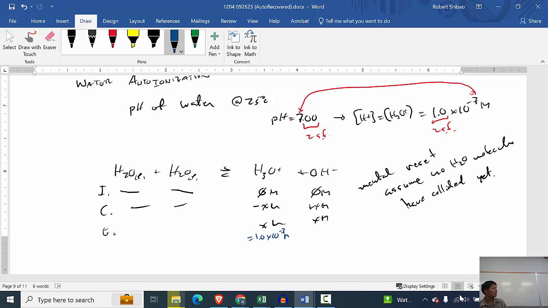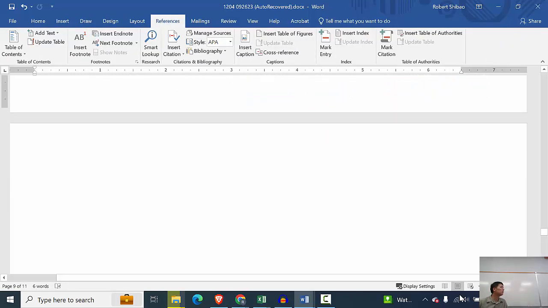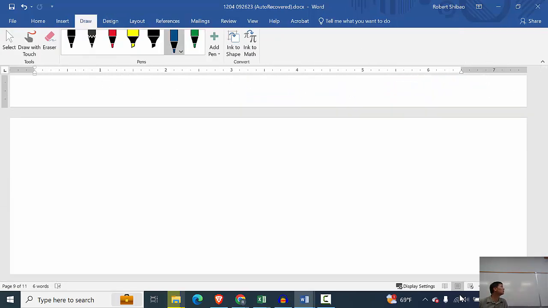And that means hydroxide has to be the same, stoichiometrically. 1.0 times 10 to the minus 7 molar, which means that Kw must equal the hydronium times the hydroxide, which is 1.0 times 10 to the minus 14. There's no units here for Kw. Now, power functions, we'll talk about next.